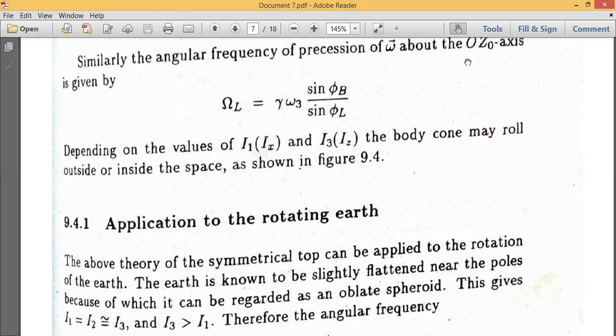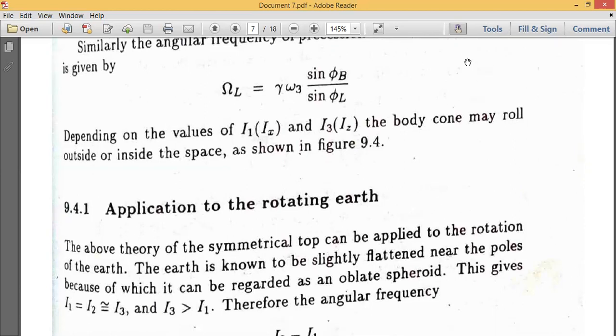The Earth is known to be slightly flattened near the poles, because of which it can be regarded as an oblate spheroid. This gives I1 is equal to I2, not equal to I3, and I3 is greater than I1.